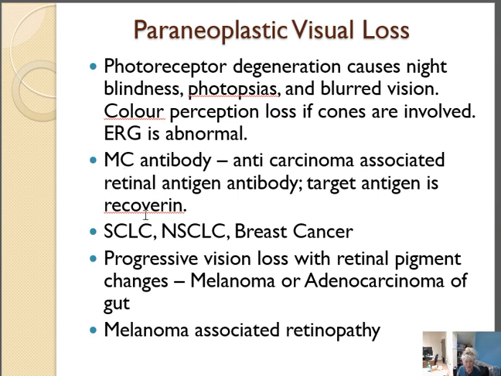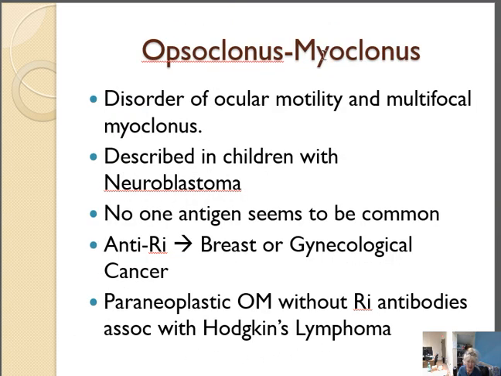Visual loss, you can see it also in small cell, non-small cell, and breast cancer with melanomas and adenocarcinomas of the gut. You can get melanoma retinopathy. Ocular motility and multifocal myoclonus, you see that in children with neuroblastoma.